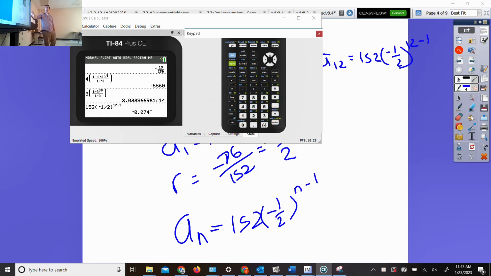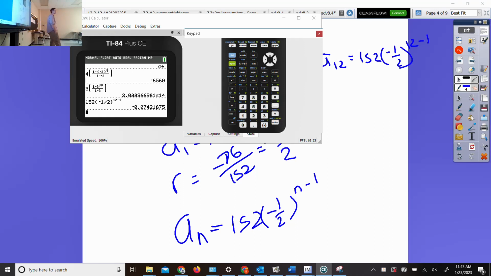Sometimes you do these things, you get funky little decimals. For a lot of them, though, your calculator can still convert it to a fraction. So we can do this one. How do you convert it into a fraction? Math, and then enter, enter. Math, enter, enter. Negative 19/256.